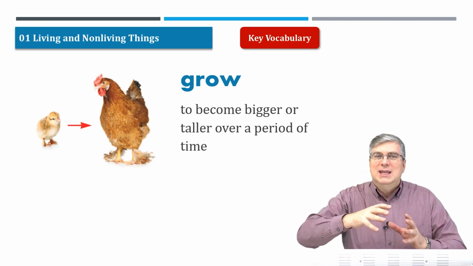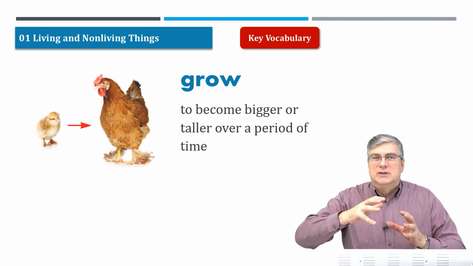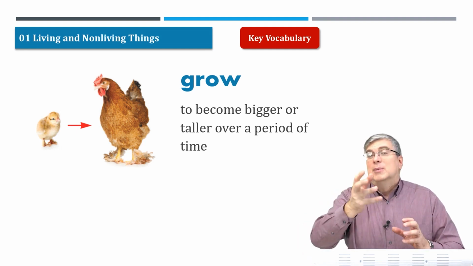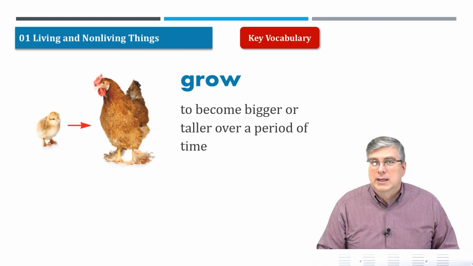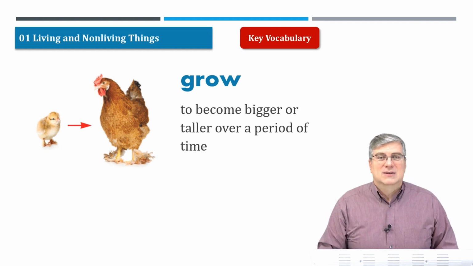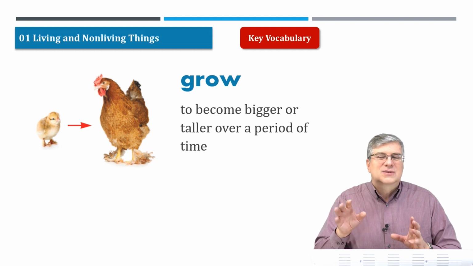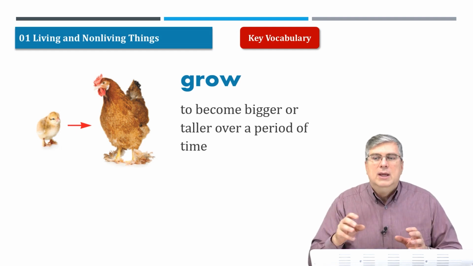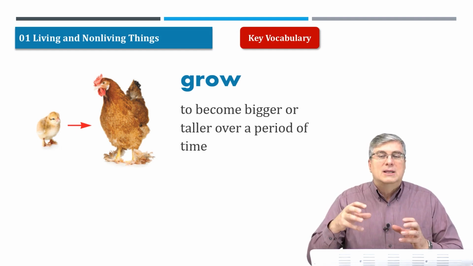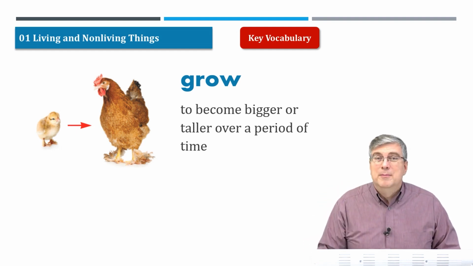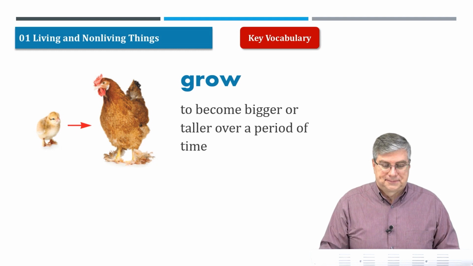It takes many months, maybe years, for you to notice a change as you grow. But some animals grow very quickly, like pets, dogs and cats. It's still hard to see. You don't see it happening right now, but over weeks or months, very quickly they change, they grow. They become bigger or taller.